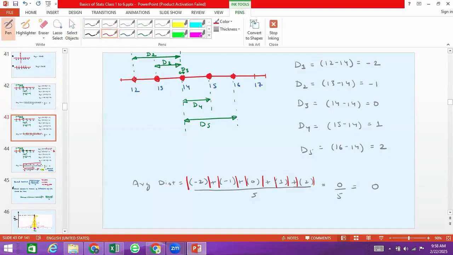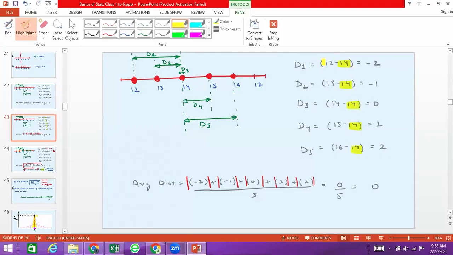Why am I taking 14? Because 14 is the mean. If you take 12 plus 13 plus 14 plus 15 plus 16 divided by 5, it will come to 14. So xi minus mu is minus 2, 13 minus 14 is minus 1, 14 minus 14. What is this? 14 is the mean.